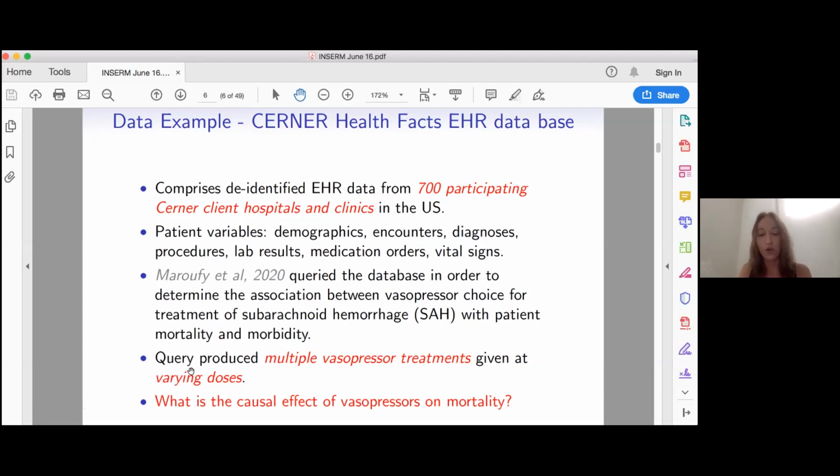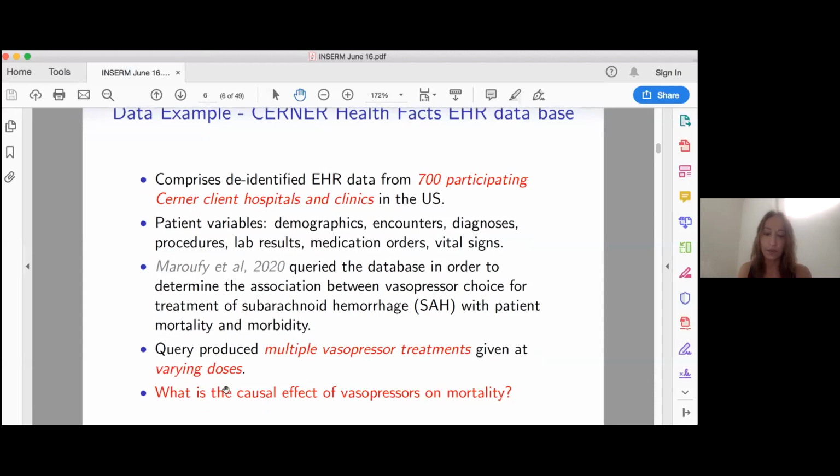Of course, the query produced not only multiple vasopressor treatments, but they were given at varying doses. So if we think of binary propensity scoring, how do we go about estimating the causal effect of vasopressors on mortality when we have multiple treatments potentially given at multiple doses?